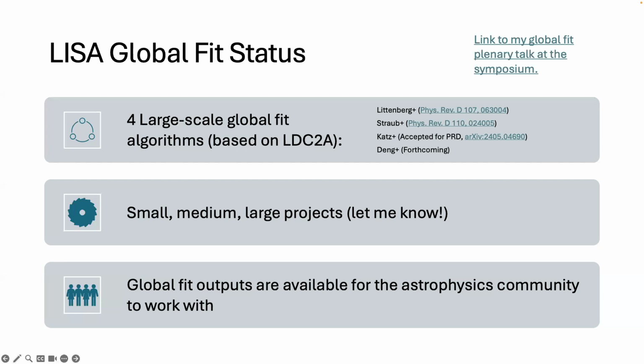And finally, the global fit outputs that we have so far are available for the astrophysics community to work with. Once again, you can see the plenary talk a little bit about that and some of the codes that are referenced in it. I want to be clear about that, because not only do we have to build this algorithm, but we have to know that our outputs from this algorithm are in line with what the astrophysics community needs and can use to be certain that they can accomplish the science that they want to.